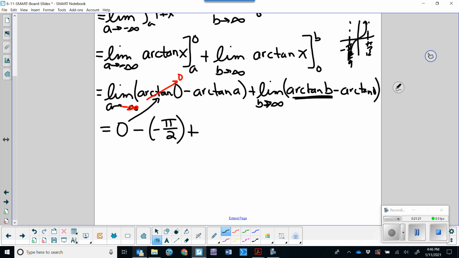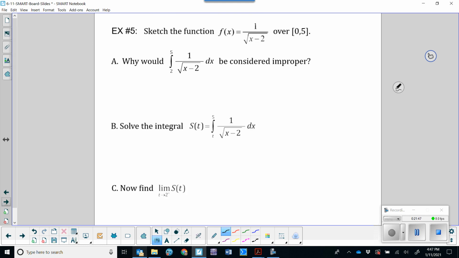What is tangent doing? Where do I go towards infinity? That's at pi over 2. And then minus, again, arctangent of 0, which is 0. So we end up with pi over 2 plus pi over 2, which is pi. Okay, so if there's double limits of integration, both infinities, we just have to split it into 2, and then it's like 2 problems.